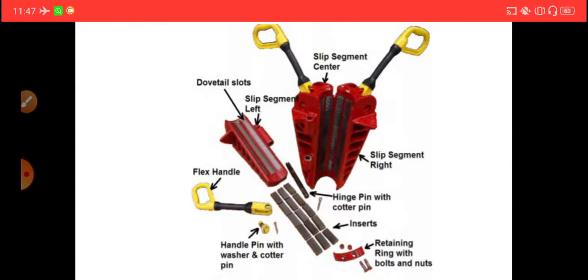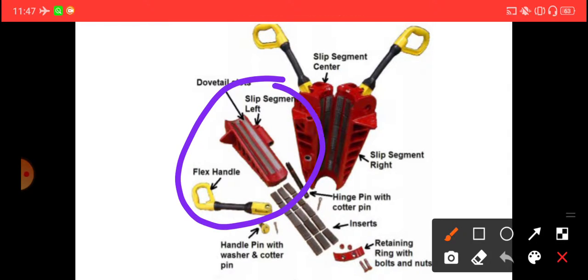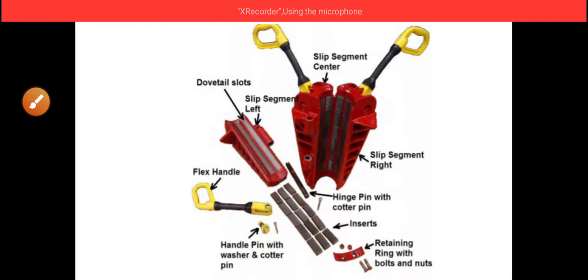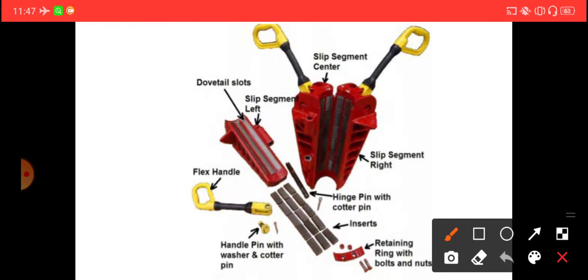Here you generally see three segments, right? Sorry, not segments, three wedges. The left side wedge has been dismantled, and they are showing the different parts of that wedge. You see here the dovetail slots.